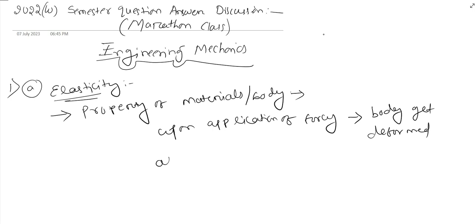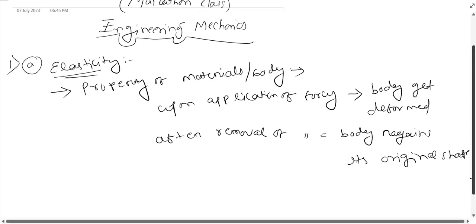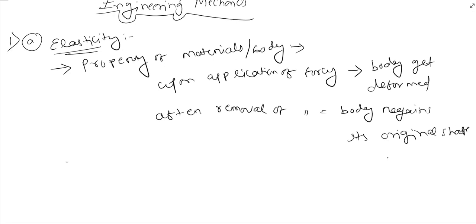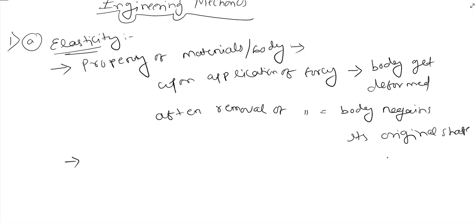And after removal of force, the body regains its original shape. Okay, so this is like the behavior of a rubber band. So the behavior of a rubber band can be explained by the property elasticity. Example, behavior of a rubber band.